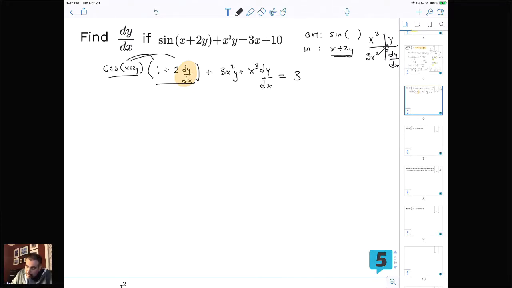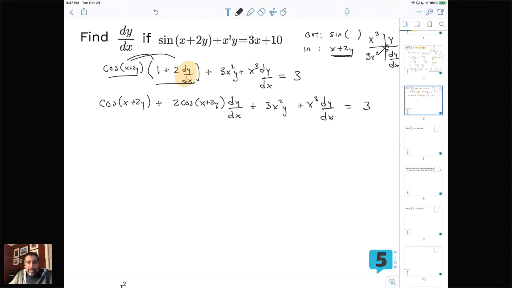Okay, so when we do that, we're going to get the cosine of x plus 2y plus 2 times the cosine of x plus 2y times dy over dx. Okay, so I hope everyone sees that we're just making that 2 separate terms. Everything else in the problem is going to stay exactly the same. We're going to get 3x squared y plus x cubed dy over dx, and it's all going to equal 3.